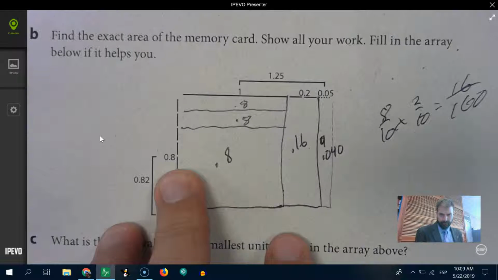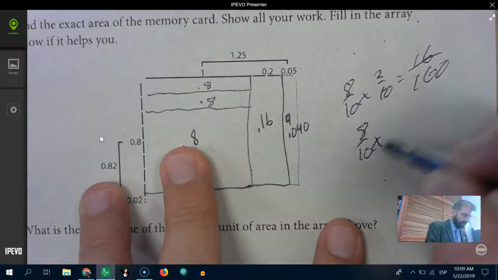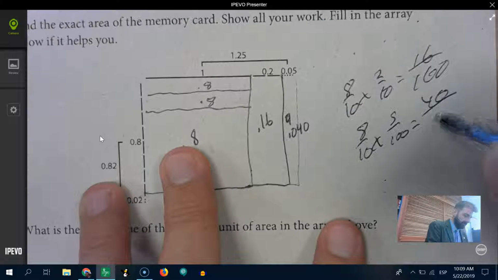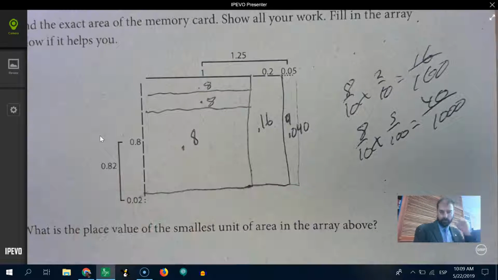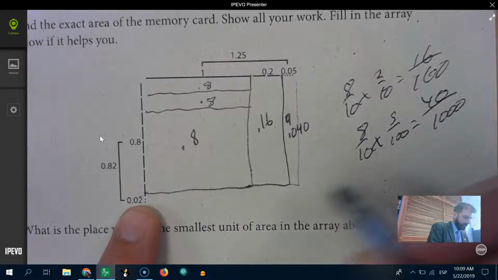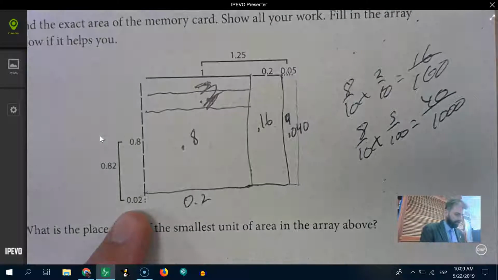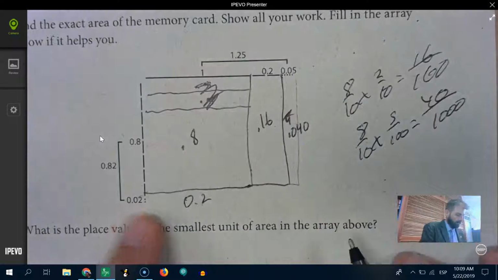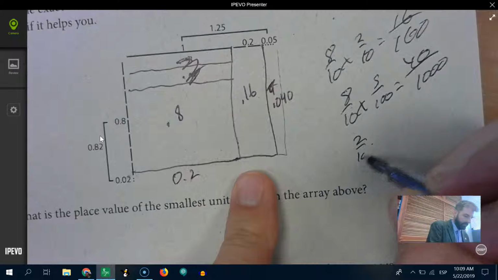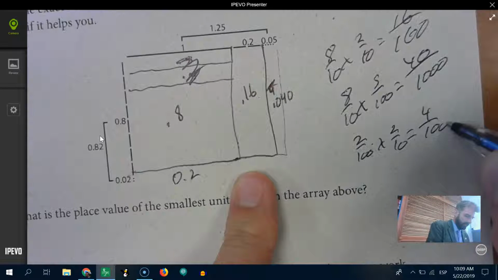I need to write this out here so it makes sense. 8/10 times 5 hundredths equals 40 thousandths. Okay, cool. Here, this is 2 hundredths times 1. This is 2 hundredths and 2 tenths, so 2 hundredths times 2 tenths equals 4 thousandths.